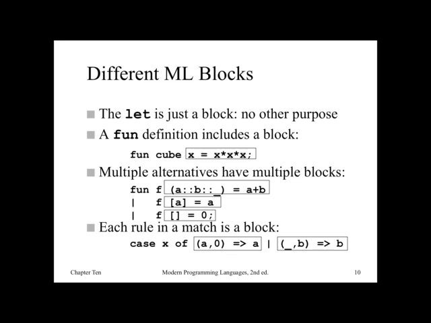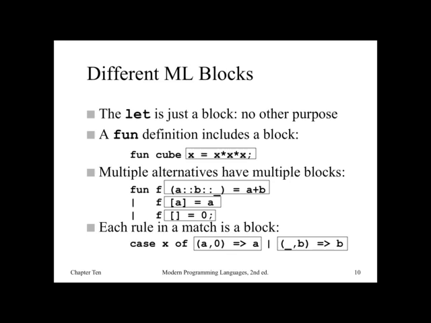Similarly in ML, the function definition, the fun definition, includes a block. So when I say fun cube, I've got a scope right there, okay? If I have another thing that uses something similar, that's not the same scope, so I can reuse the name x.